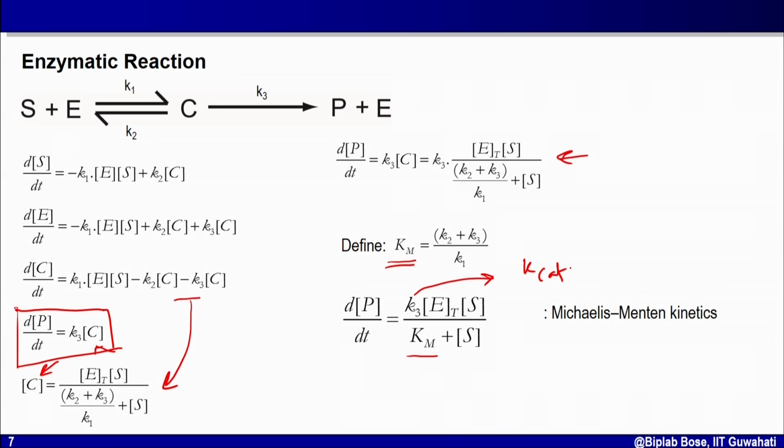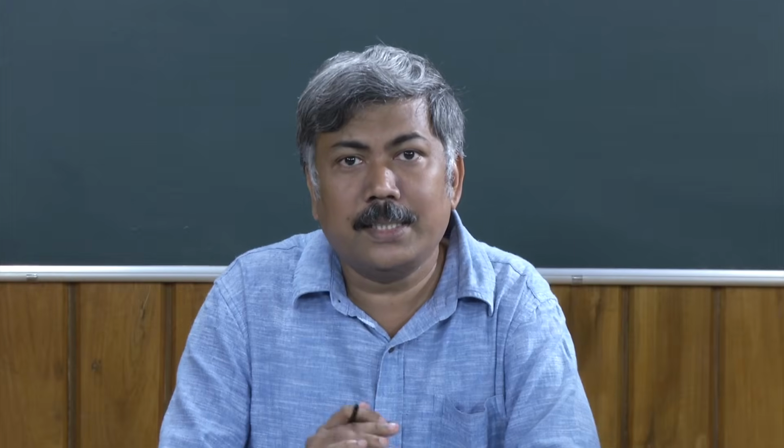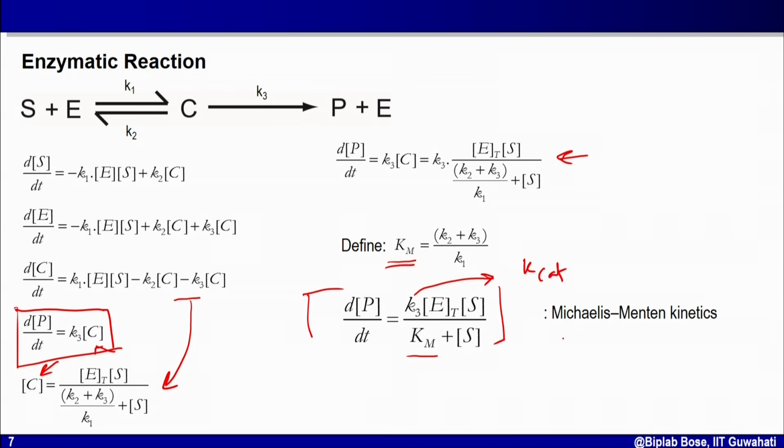In some textbooks you may find K3 is called Kcat. This whole ODE is essentially the ODE for the product formation if I consider those two assumptions, that substrate is much more than the enzyme and C is in a quasi-steady state. And this kinetics is called Michaelis-Menten kinetics.